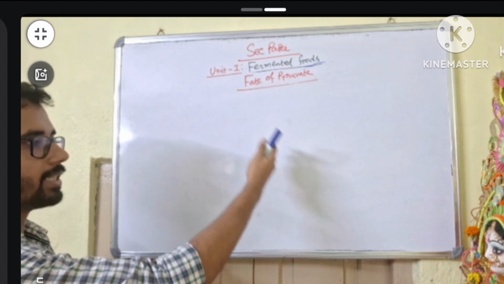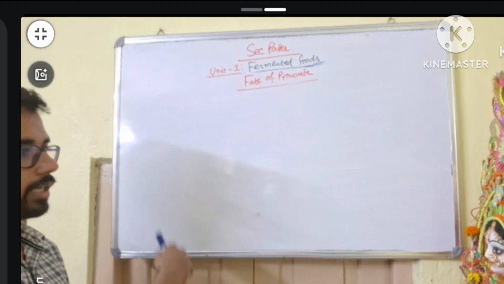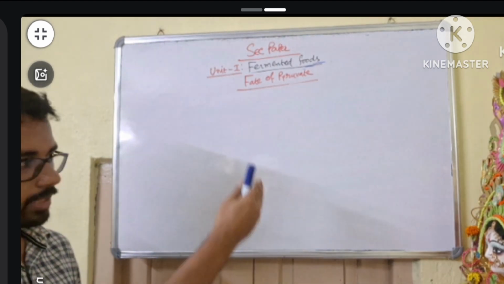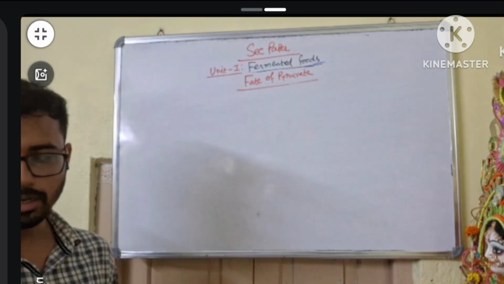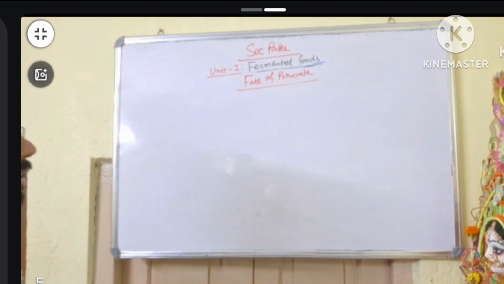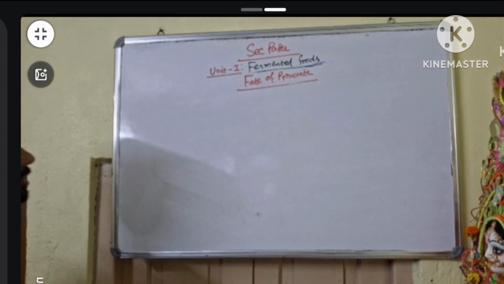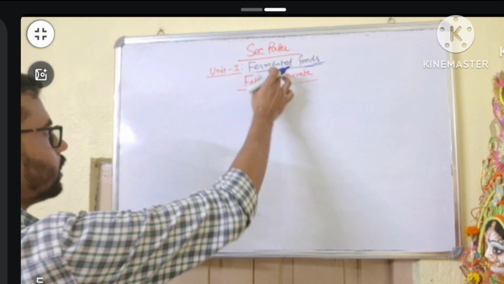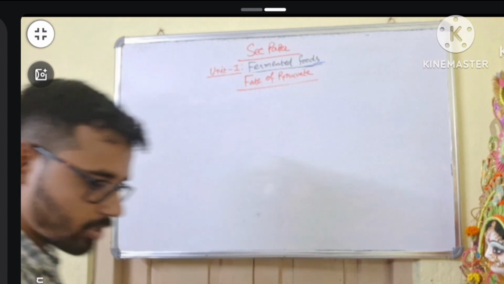We can use acids and alcohols to make a variety of fermentation products. That means the fermentation process. So the fate of pyruvate is done, and the next task is types of fermentation.